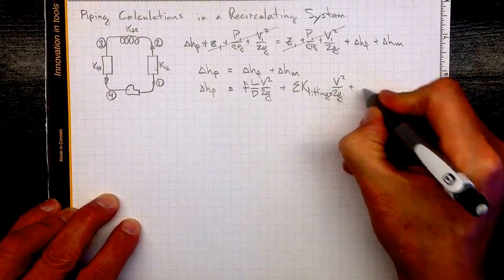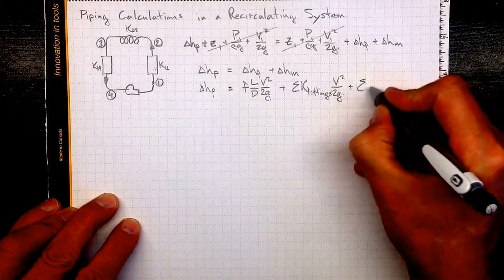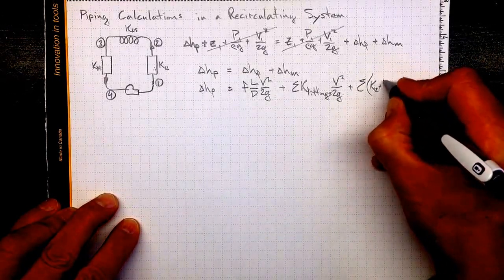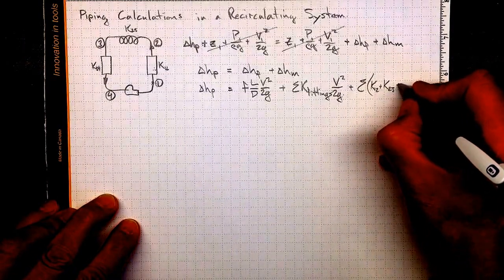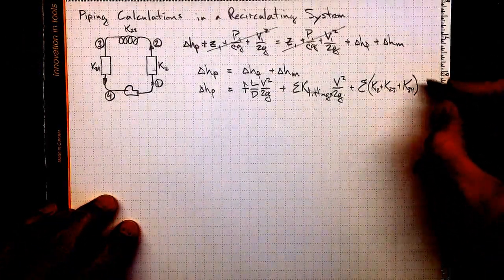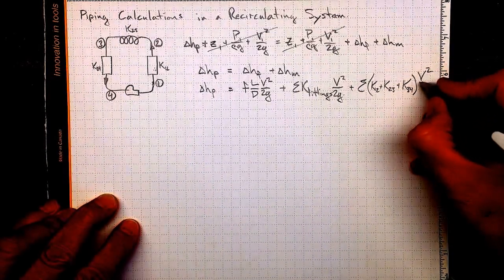So plus the sum, K12 plus K23 plus K34, whatever those pieces of equipment are, times V squared over 2g.